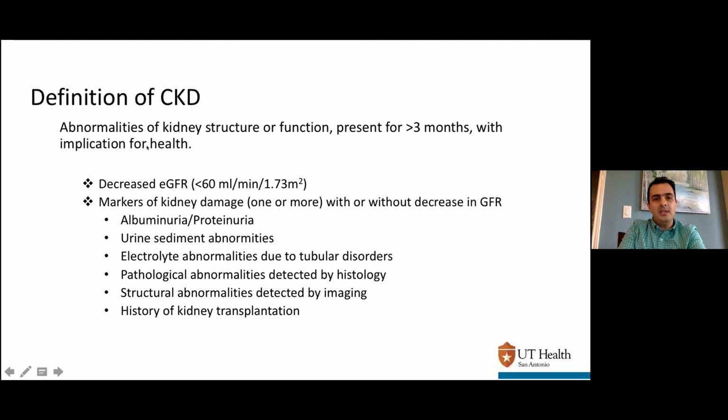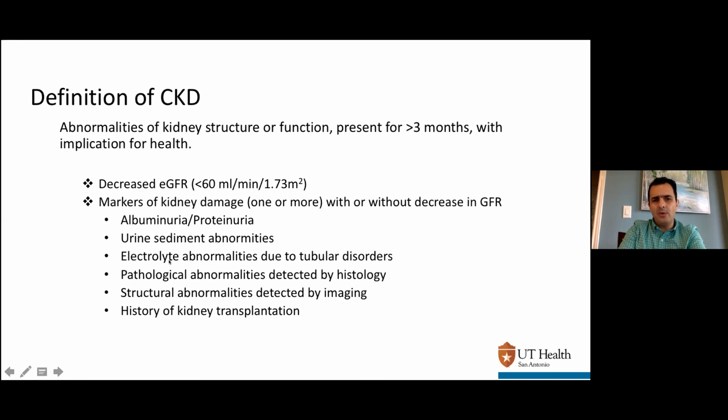But even if you have a normal GFR, or above 60 ml per minute, you can have CKD. Having proteinuria or albuminuria itself is considered to be CKD. Having urine sediment abnormalities, electrolyte abnormalities in the setting of RTA, or things that you see on imaging, like cysts or hydronephrosis, or if you have a patient with a solitary kidney or an atrophic kidney due to certain anomalies from when they were born.